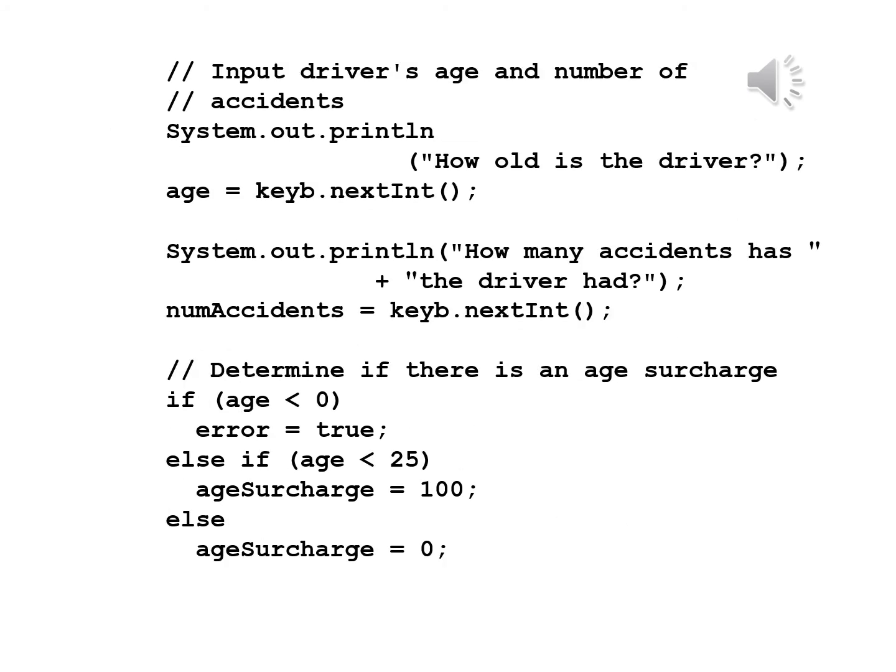We now have a comment that tells us: input driver's age and number of accidents. And after that, we have our inputs.